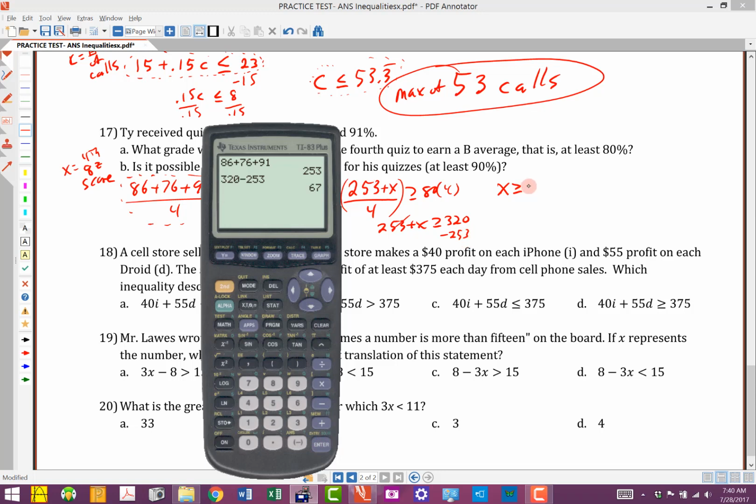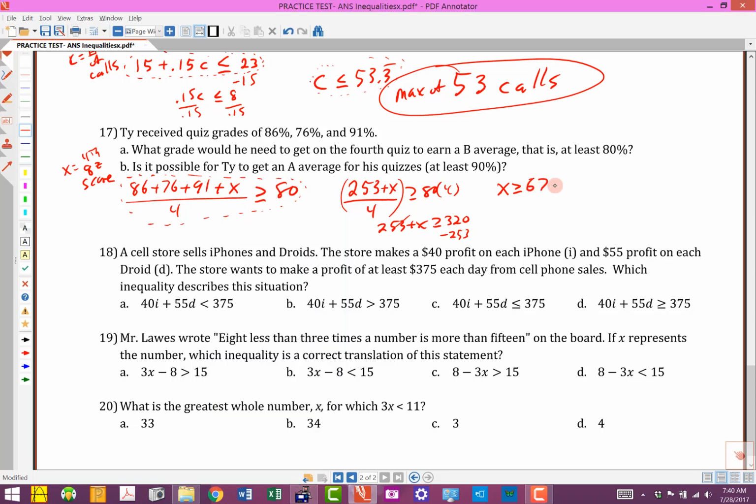Okay, so all he needs is a 67. Okay, so we're going to say, what grade would he need to get on the fourth quiz to average at least a B, 80%? So he only needs a 67. So we're going to say at least 67%. Okay, and we'll circle that answer. So there's our inequality. There's the answer to the inequality, but then we want to interpret that. Now, let's see if it's possible for Ty to get an A.